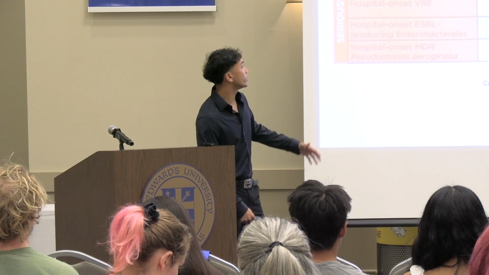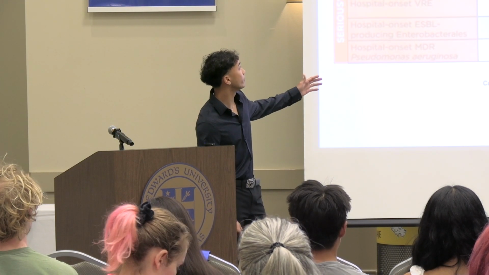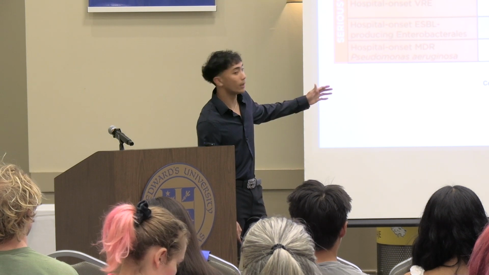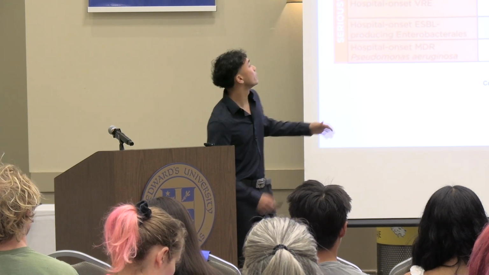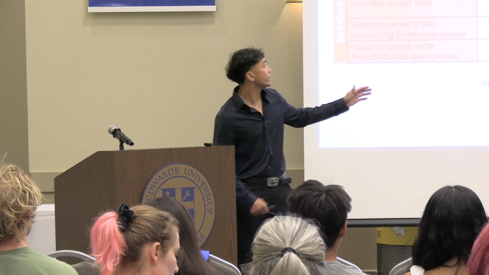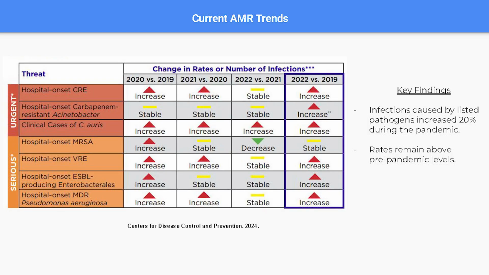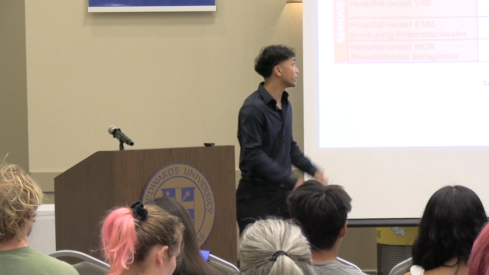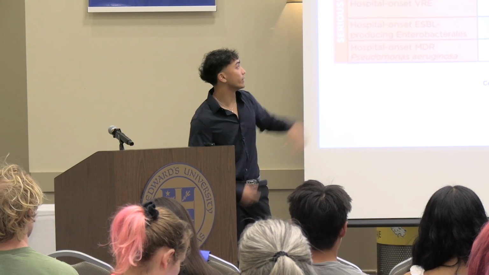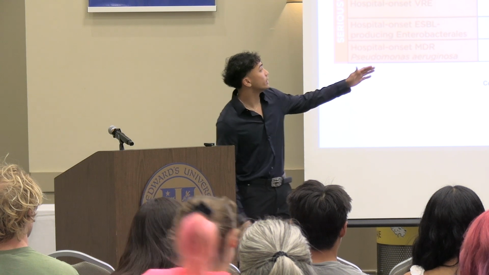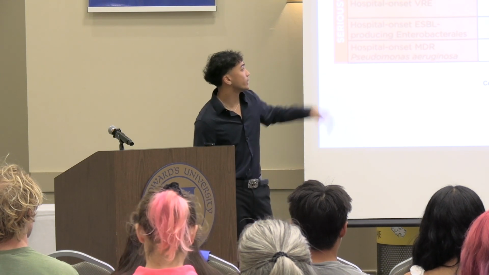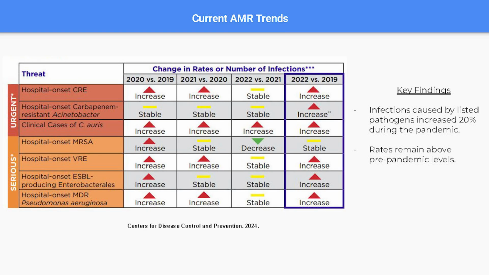They saw that in 2020 there was a big increase in the burden of infections from these resistant bacteria. Year by year, they tracked and monitored if this increase was starting to come back down or stabilize. But in the latest data given in 2022, we see that these rates of high increase still remain from pre-pandemic levels.